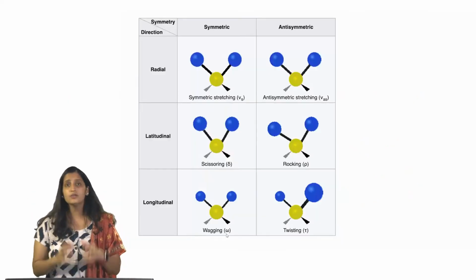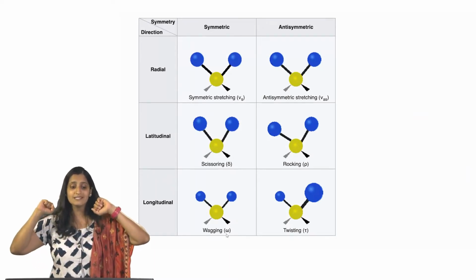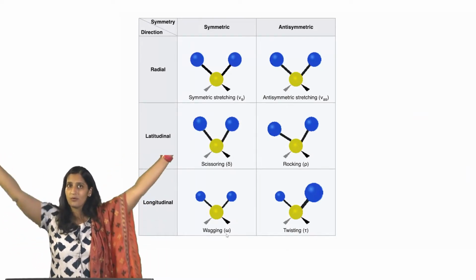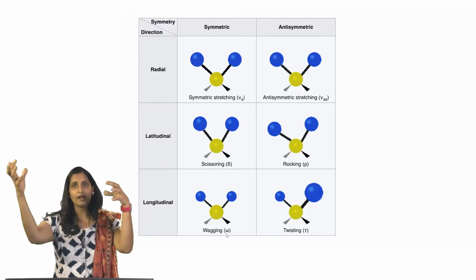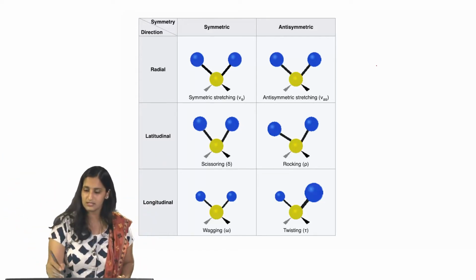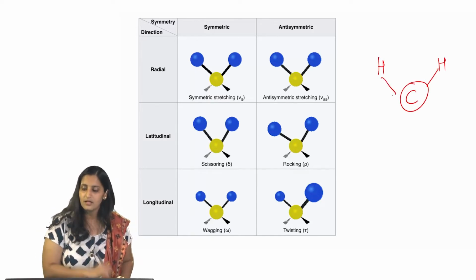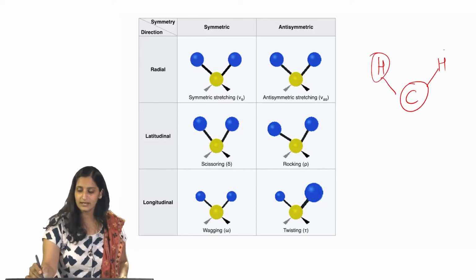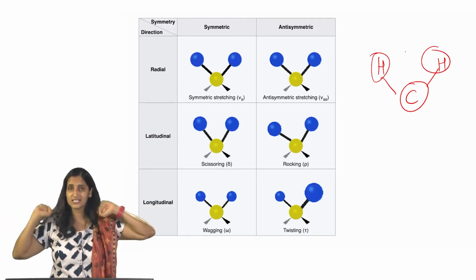In fact, here you can see a very nice animation wherein you can have a symmetric stretching, meaning both. So, imagine that there are three atoms, hydrogen and carbon. Let's say there is a hydrogen, and there is a carbon in between. Now, with respect to these three atoms, the kind of stretching that can happen is that you can have a symmetric stretching.